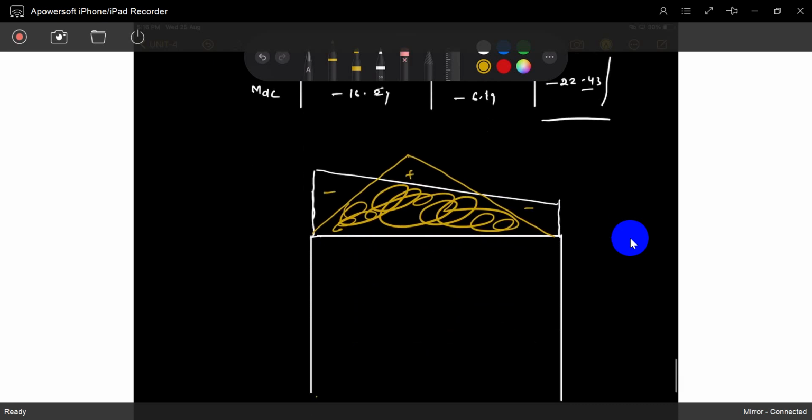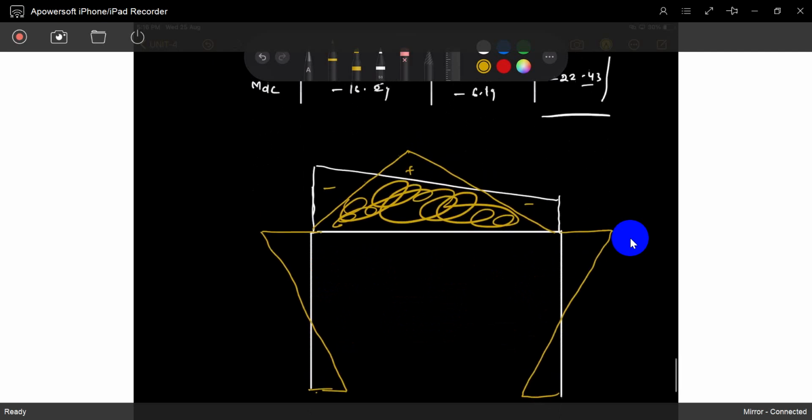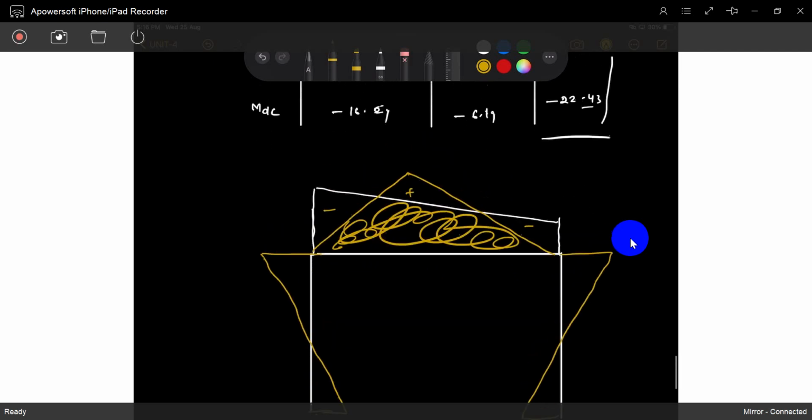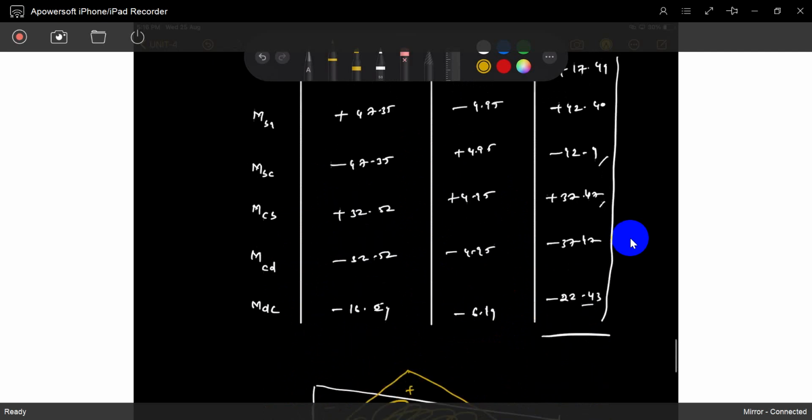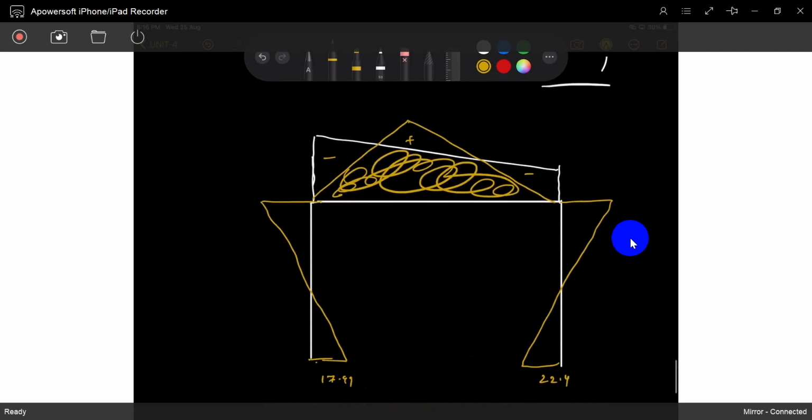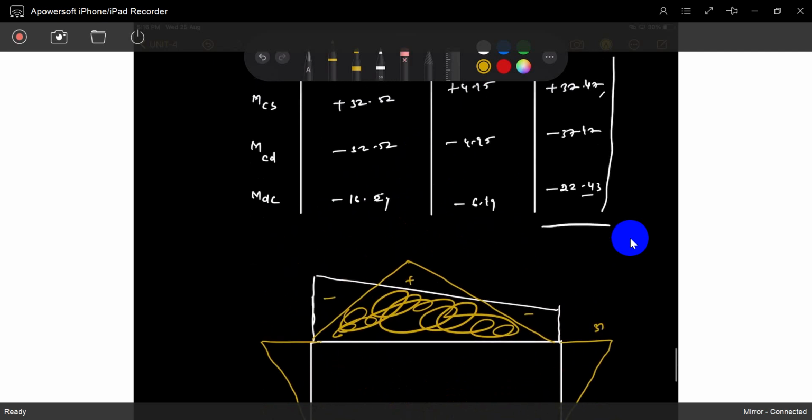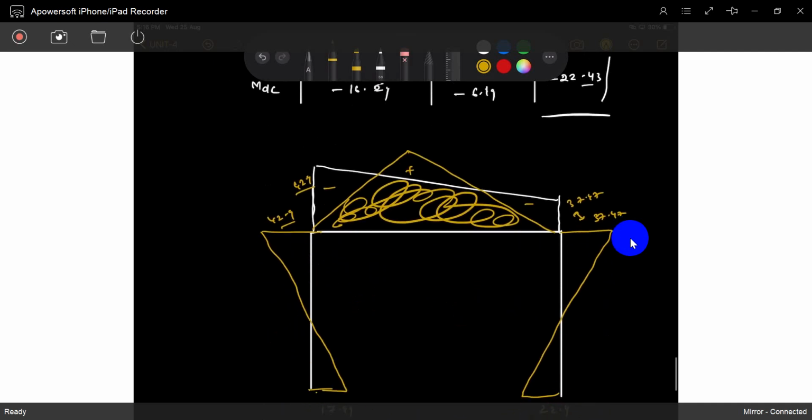Here you will get it. Its value is 22.4. First value is 17.49. So here it's 37.47. This is also 37.47, because you have to maintain equilibrium. It's 42.4. That's it.